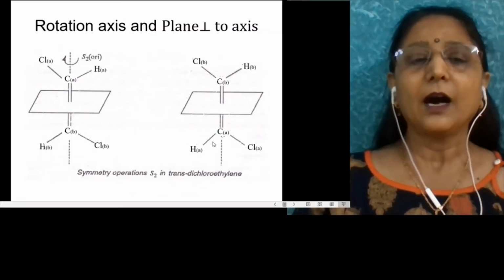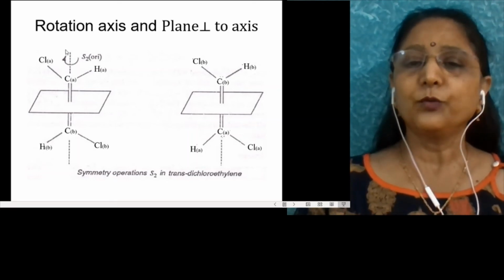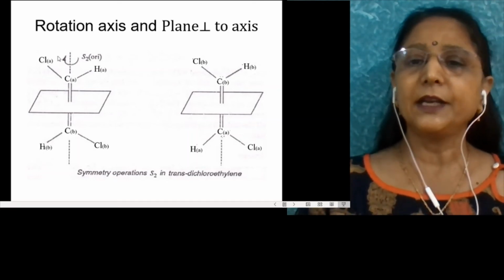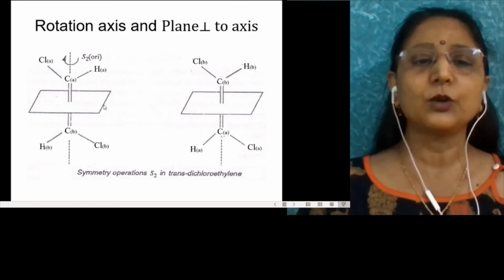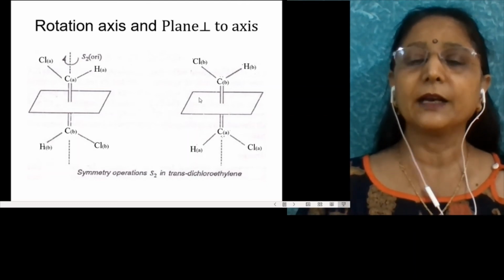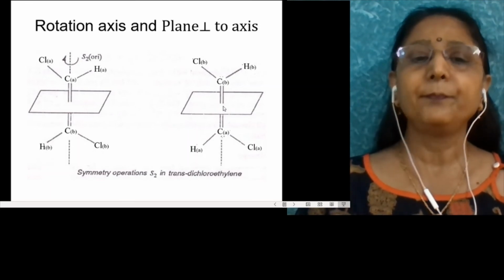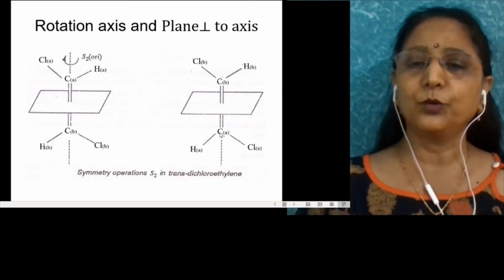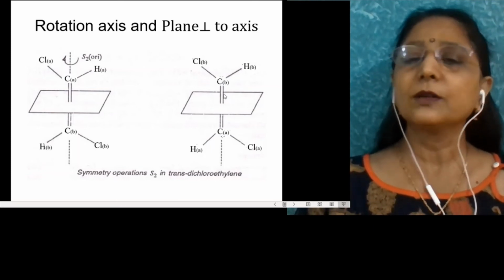But here, how many operations have we performed? Two. Improper axis of rotation means 180-degree rotation, then reflection through the plane perpendicular to it. I have represented the plane over here again to show you that this is a plane perpendicular to the axis of rotation, but it is not sigma h, sigma v or something like that.